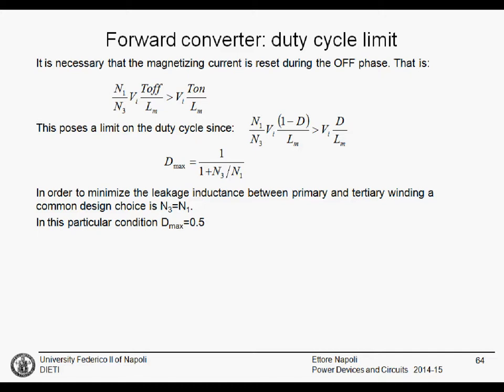This means that I can bond together the two wires, minimizing the parasitic inductance between them. In this case, the maximum duty cycle for the forward converter is 0.5. The duty cycle can increase if N3 is larger than N1, but this is not a very common choice.